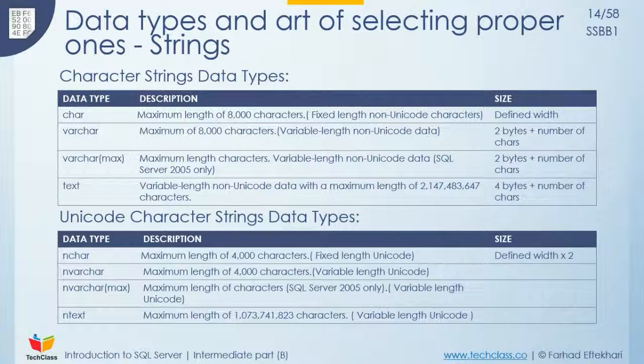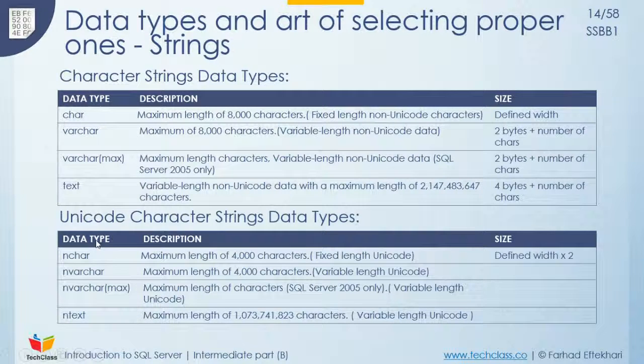If you store like 50, then 50 is gonna be stored, and it's only gonna use that space for storing those 50 characters. And we have data type text, which we barely use. It's somehow outdated to use also, and a little bit more than 2 billion characters you can store there. And also for Unicode characters, we have nchar, nvarchar, nvarchar max, and ntext, where this n means that's the Unicode data type.